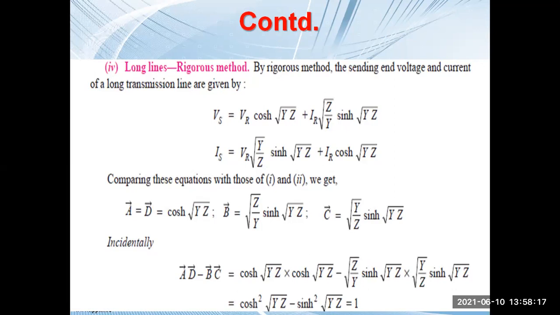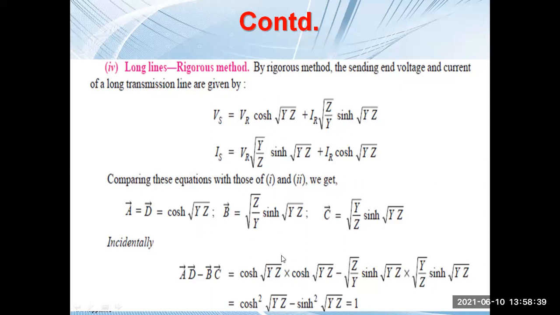From these equations it is very easy to calculate the ABCD values. A equal to cosh this, D equal to this one, B equal to square root of ZY into sinh this, and C equal to this part.